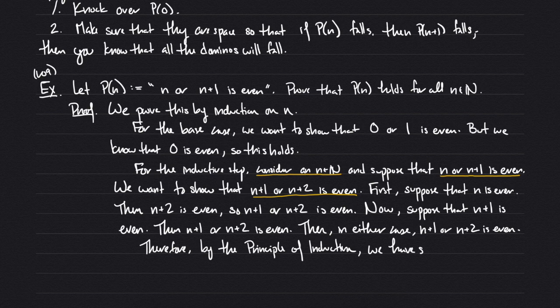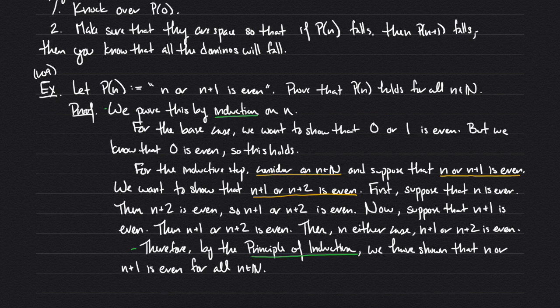We have shown that n or n plus 1 is even for all n in N. Okay, so what you put for this first paragraph here and the second paragraph is kind of up to you, but I would say that you have to use the word induction somewhere in the proof, just so people know what the heck is going on.